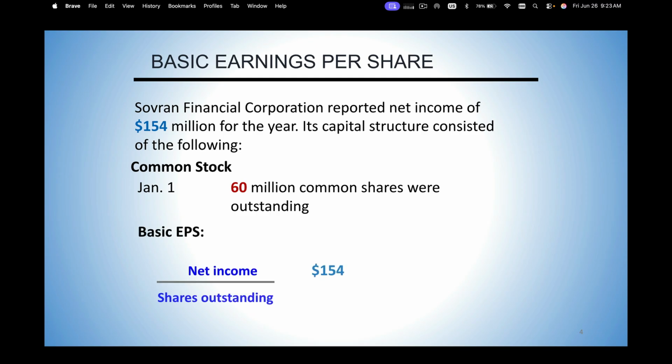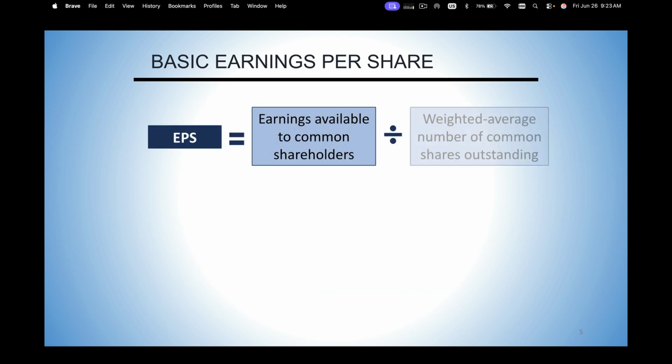Its basic earnings per share is 154 million divided by 60 million shares outstanding, or $2.57 per share. We calculate basic earnings per share as earnings available to common shareholders divided by the weighted average number of common shares outstanding.